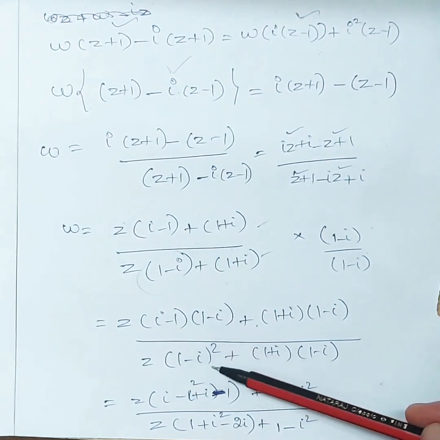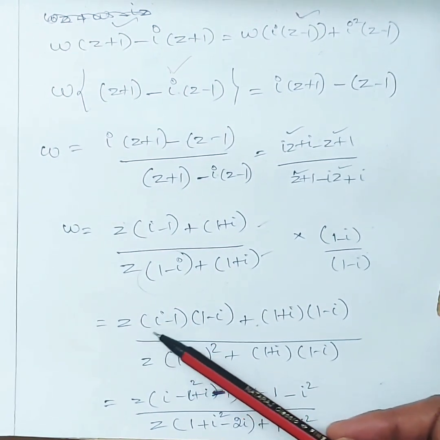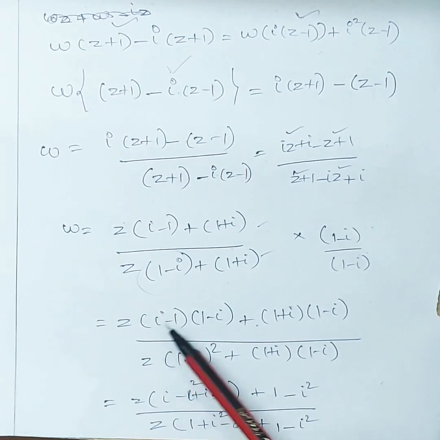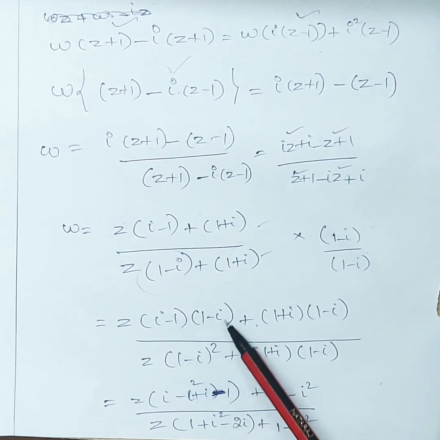If you want, you can multiply like this, or you take the minus sign common. If you take the minus sign common, this will become 1 minus I, so the whole square formula of 1 minus I you can use. Just I have multiplied: I into 1, I into minus I square, minus 1 into 1, minus 1 into minus I plus I. That's it, I have given more steps.